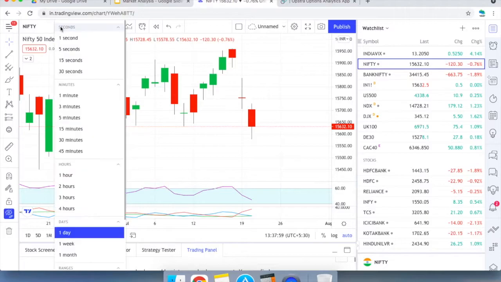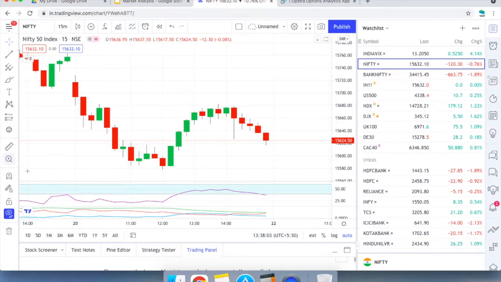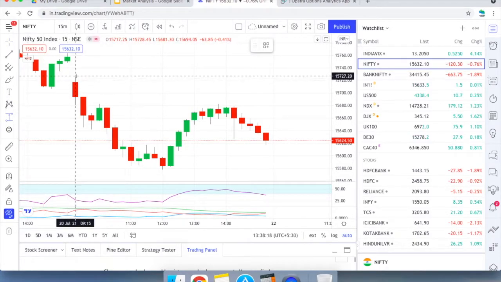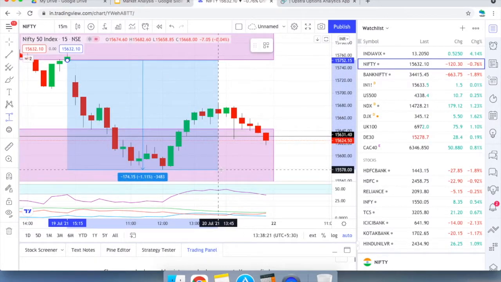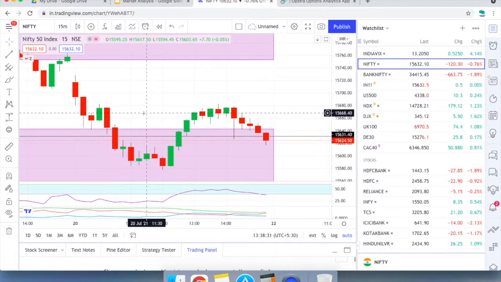In Nifty and Bank Nifty, let's get into the lower time frame and see what exactly happened. So on the 20th trading day, it was a big down move till 12 o'clock. If you look at the down move, it fell near 170 points, and this move was following the global markets, which were also down.